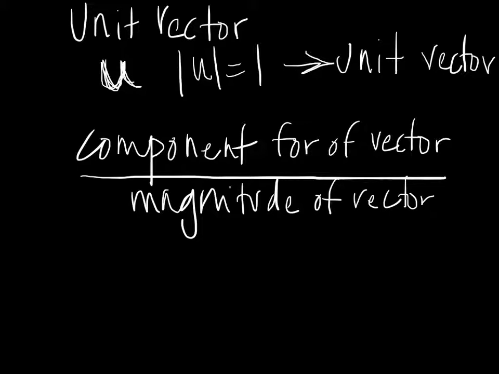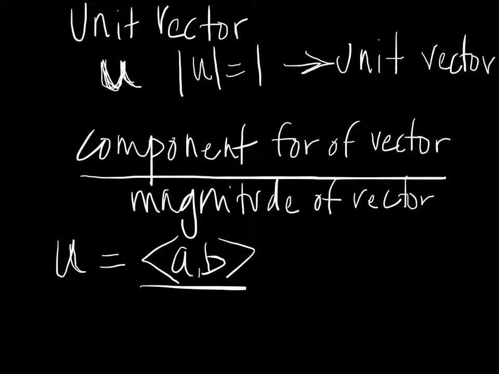So really, to find a unit vector, I'm going to call that u, you have a component form, like the component form of AB, that's your vector, and you're going to divide it by the magnitude of that vector. The magnitude, again, is denoted by those absolute value symbols. In your notes, they use the component form of v divided by the magnitude of v.